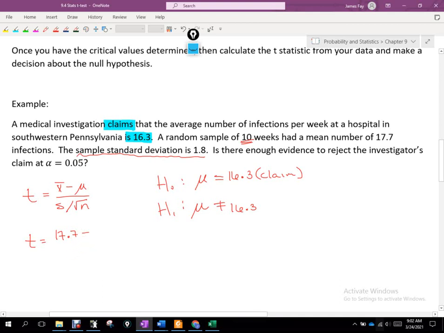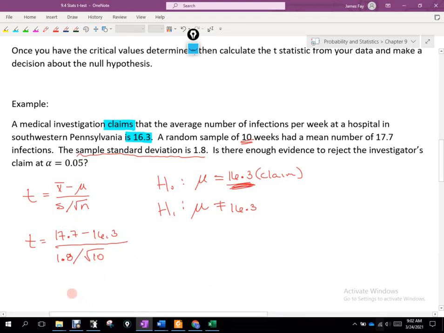Mu, just like when we did the z-test, was established in the null hypothesis. So 16.3. We don't know the population standard deviation, so we insert the sample standard deviation in its place. So s is 1.8, divided by root n, which would be radical 10.